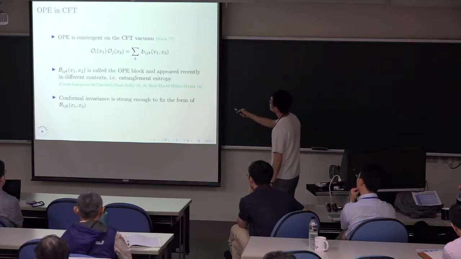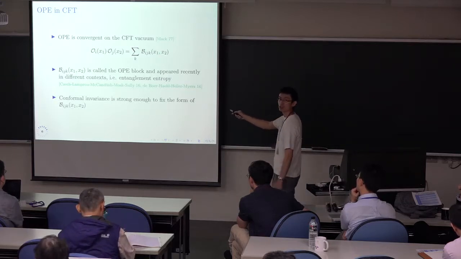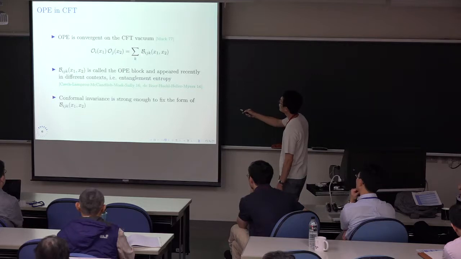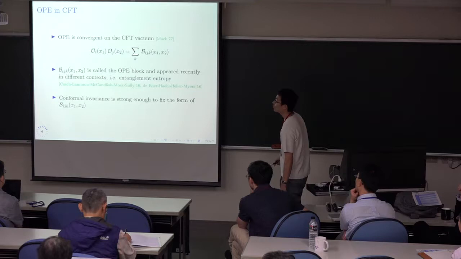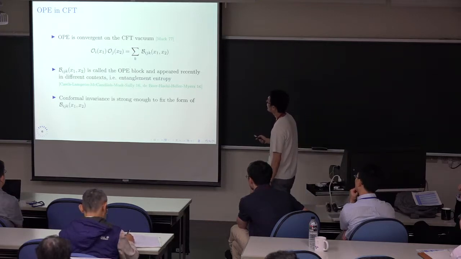The right hand side is a bilocal function of x1, x2, labeled by ijk. This block is recently called the OPE block, and it appears in different places.